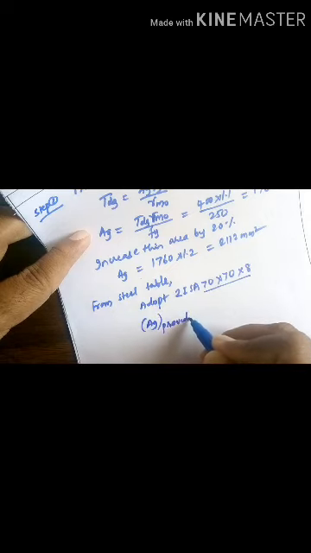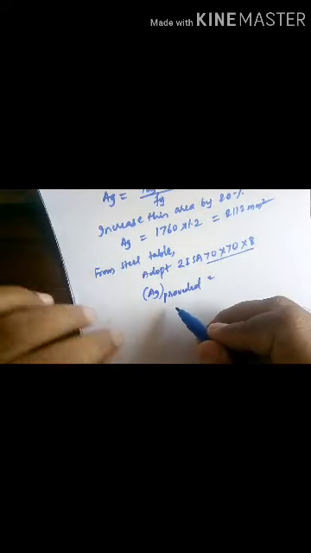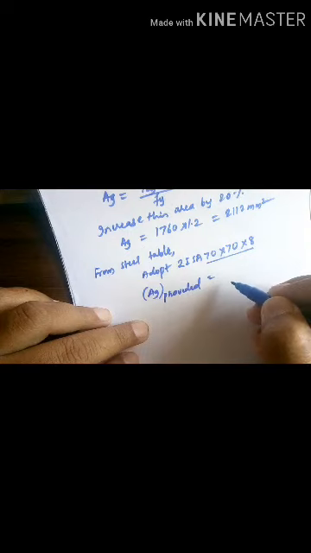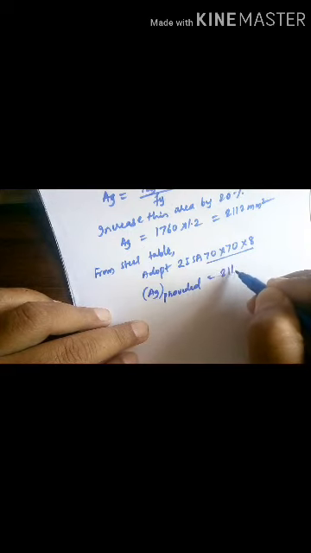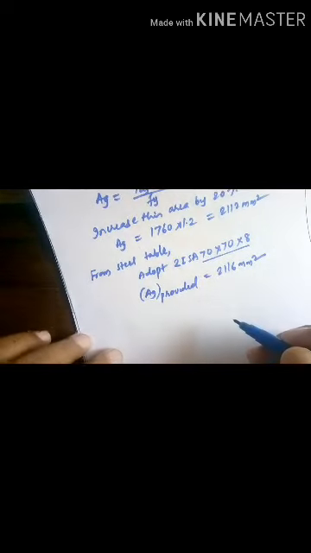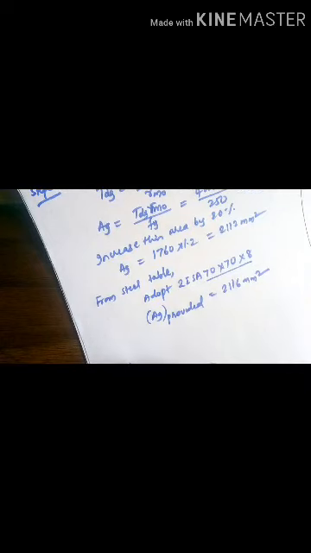Whatever area you get for the section you are providing should be the provided area. So you will get 2116 millimeter square.